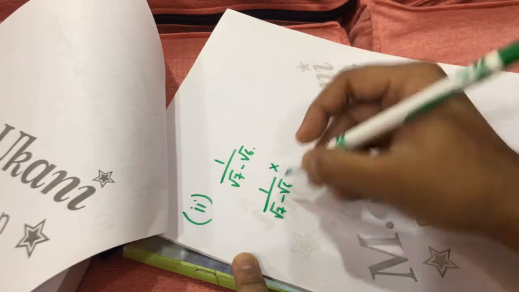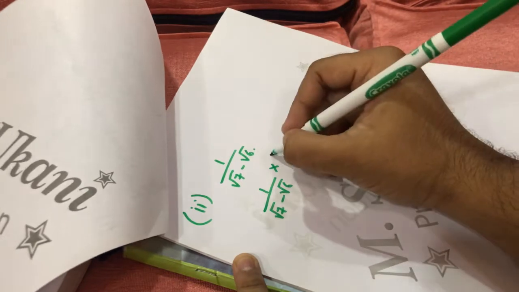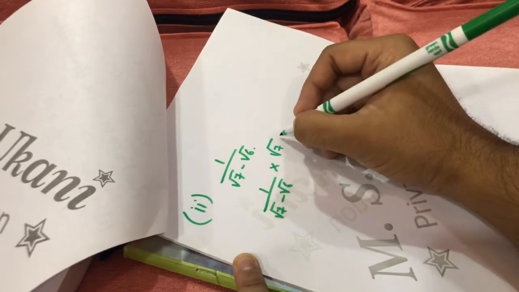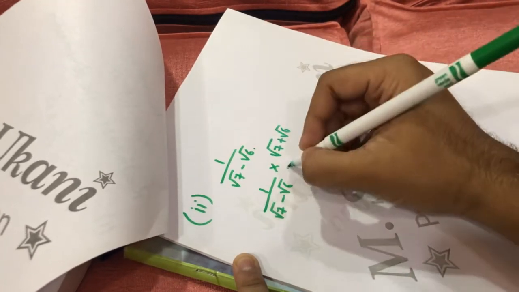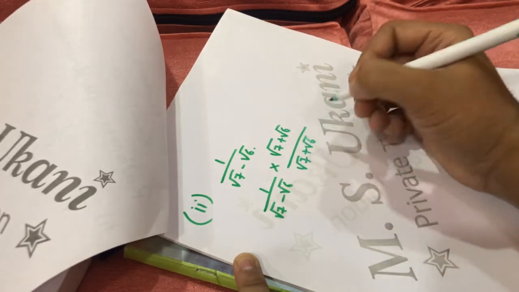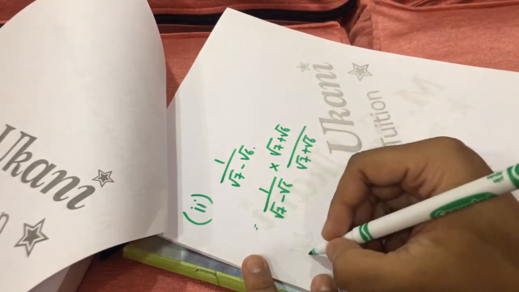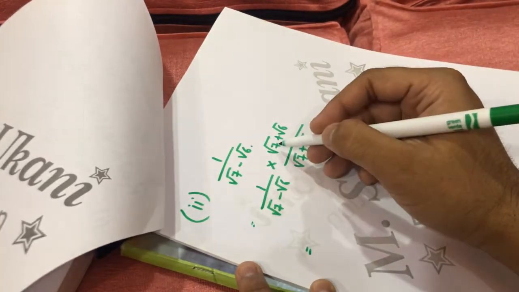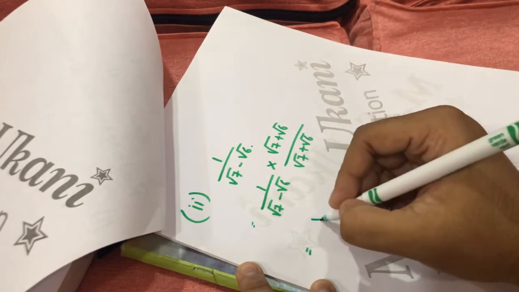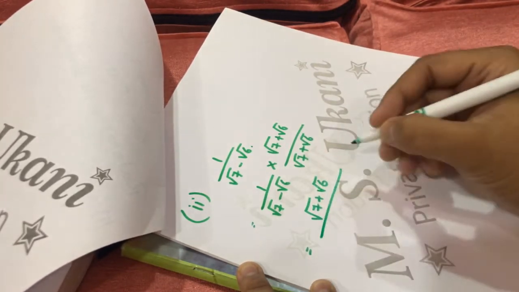Now we multiply root 7 plus root 6 upon root 7 plus root 6. Now the next step, 1 multiplied by root 7 plus root 6 means it will be the same, upon.